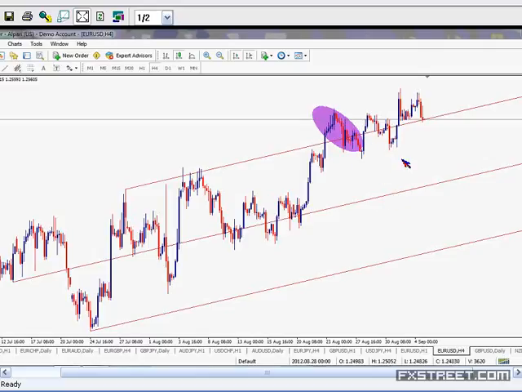But as you can see in this particular case, it's not doing that, and in fact it's struggling around the upper trend line, aiming to continue higher, or maybe not. We don't know at this point.